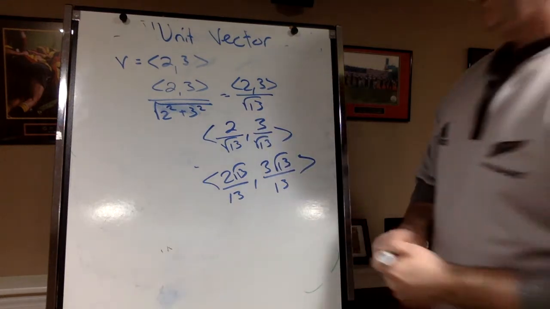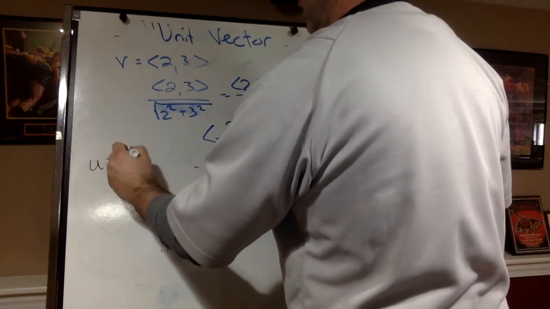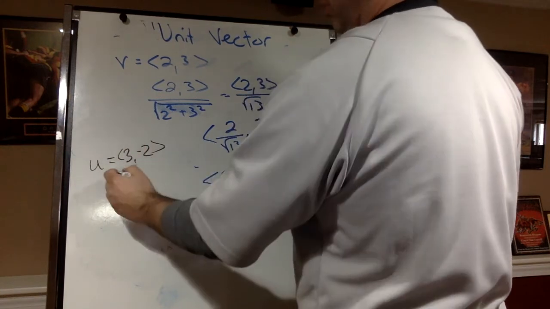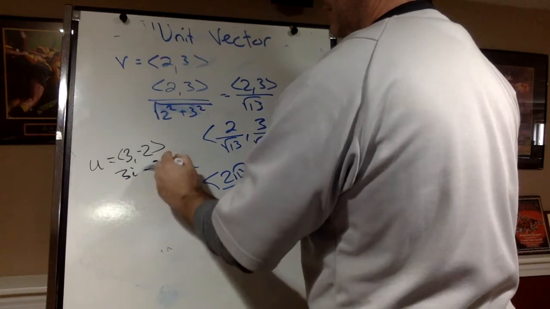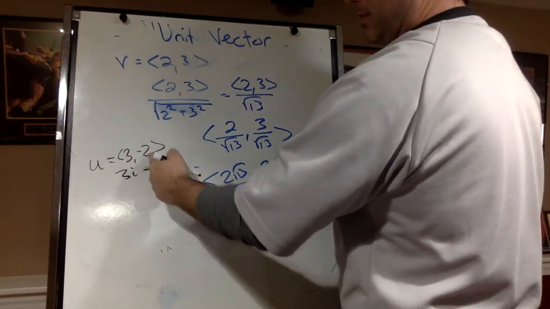Now, what if we had one like this? What if we had vector u was 3, negative 2? Or if they wrote it 3i minus 2j. Still the same thing. I would convert this to component form.